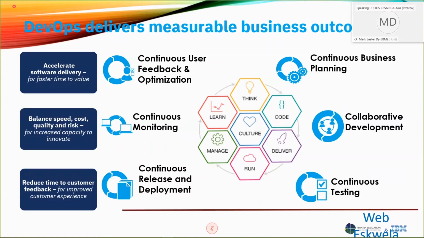In terms of DevOps, I think whenever you apply DevOps practices between the operations team and the developers team, kasi nire-resolve namin yung mga conflicts between them. Walang conflict between them.